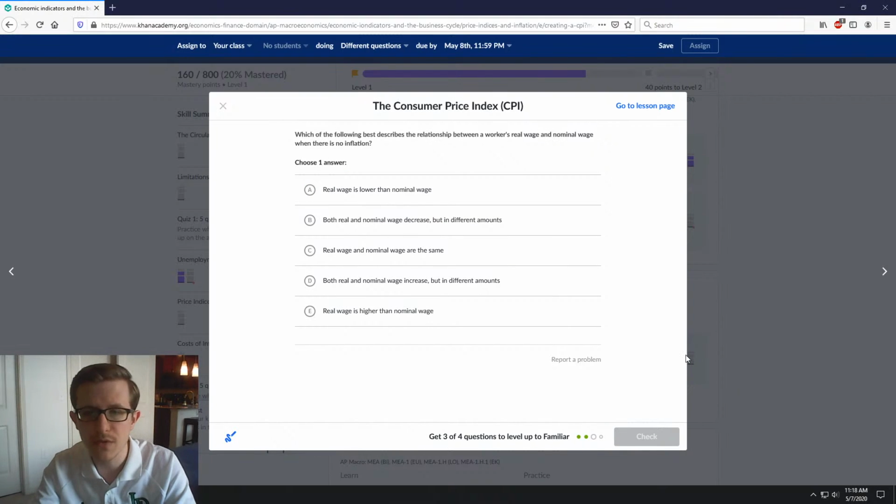Which of the following describes the relationship between a worker's real wage and nominal wage when there is no inflation? Again, when we're getting to real and nominal, that's a huge thing, especially with GDP. So real is going to be adjusted for what? Think about that for a second.